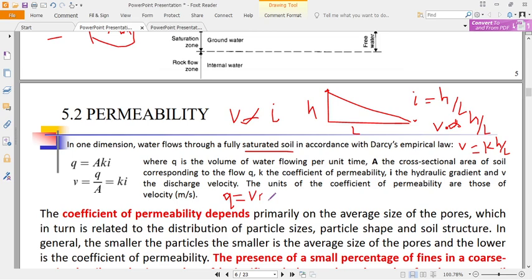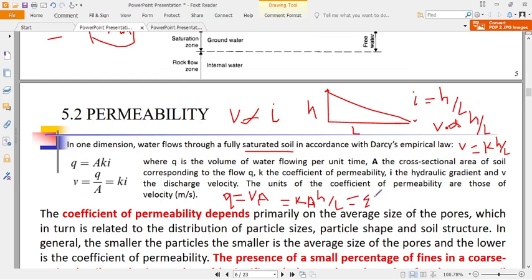So if you have V, then we substitute for V. Now Q is equal to K A H divided by L, where A is the area perpendicular to the direction of flow. This is the cross-sectional area, which is perpendicular to the direction of flow.